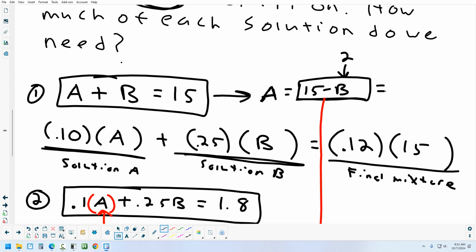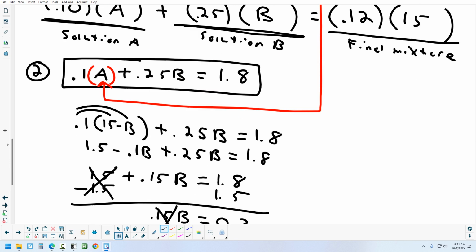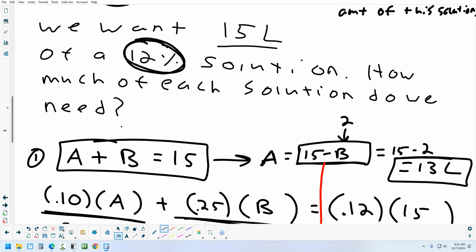So how many liters do I need of solution A? Yep, 13. There you go. So if you mix 13 liters of solution A, 2 liters of solution B, you'll end up with exactly 15 liters, and it'll have a concentration of 12%.